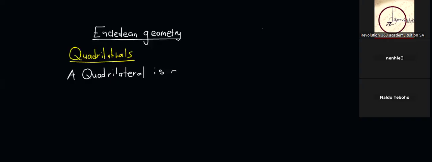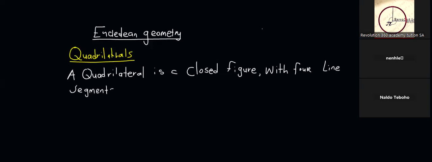It's a closed figure. So when they ask you what is a quadrilateral, you must tell them a quadrilateral is a closed figure with four line segments as sides.